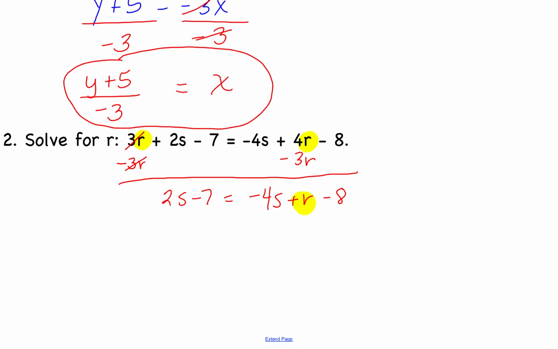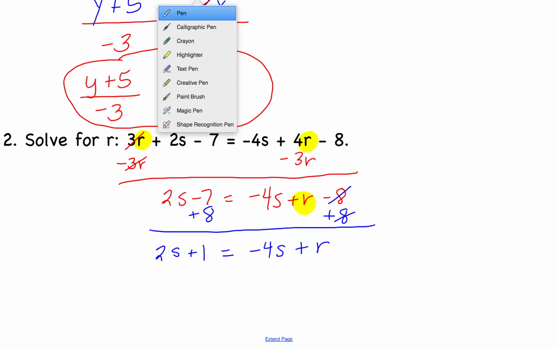So the next thing we might want to do, let's go ahead and add 8 to both sides because it needs to get on the opposite side of where the r term is. So plus 8 and minus 8 add to 0. So I have a 2s, and then a minus 7 and a plus 8 is a plus 1, is equal to a minus 4s plus r.